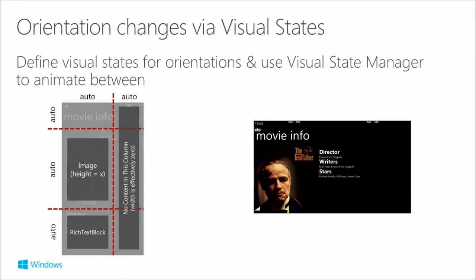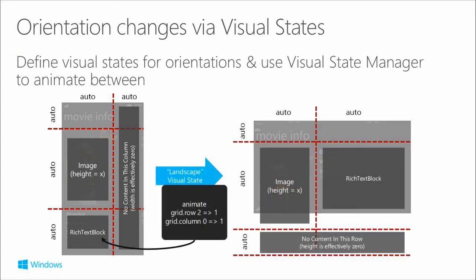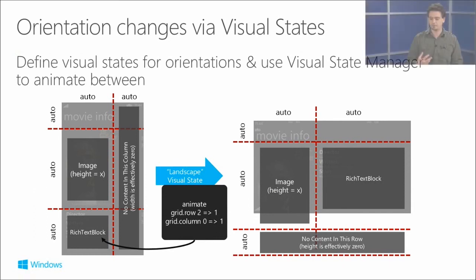You see, in this example, what we have is an image inside of an auto grid and a text block inside of an auto grid, and we have a grid that is set up so that it works with both systems. It's a 2 across, 3 down, and we simply change the Grid.Row and the Grid.Column properties of our rich text block to move it from one place to another depending on which orientation we're in.